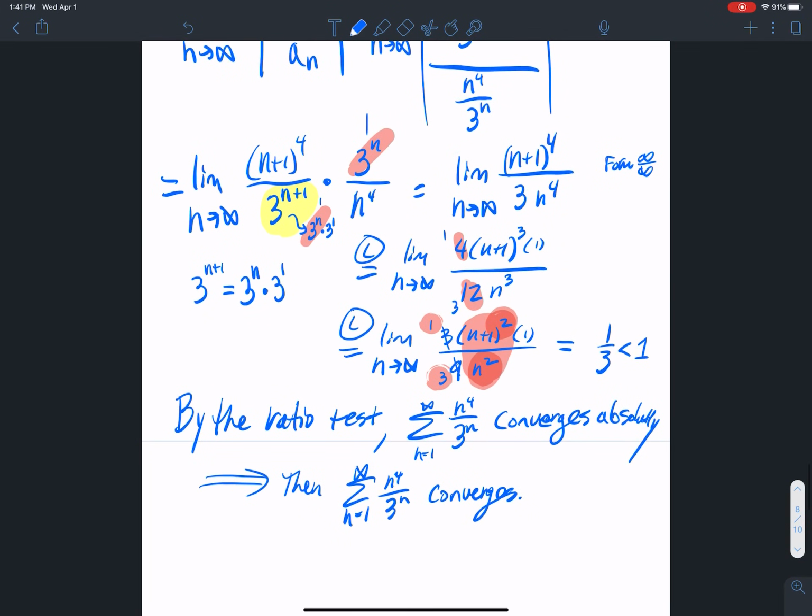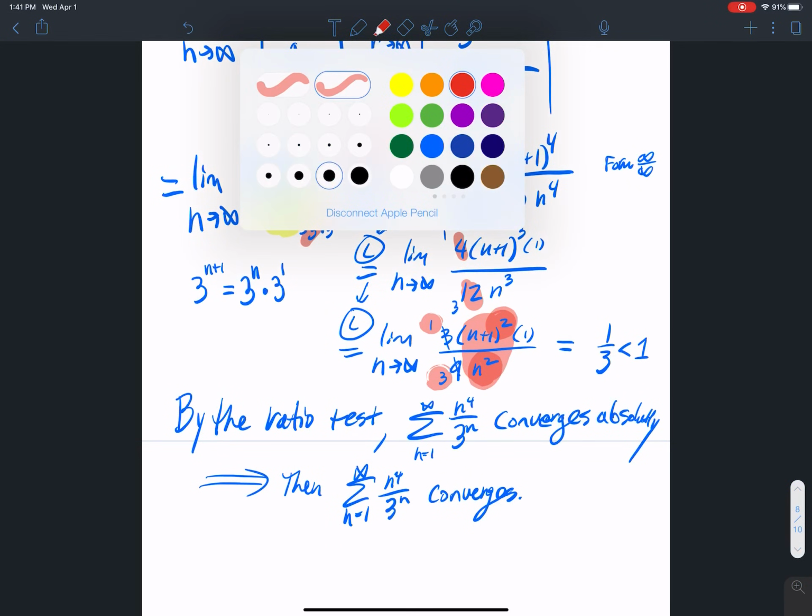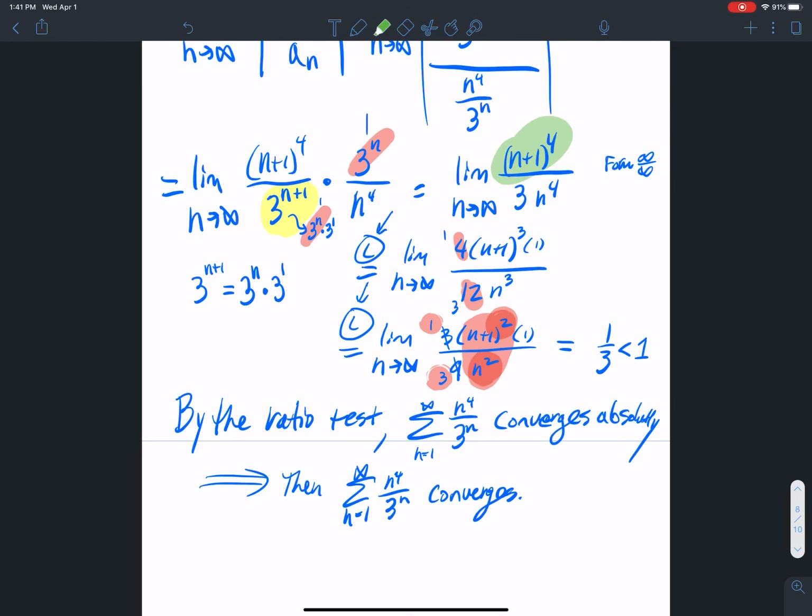If you were having trouble and thought, man, I didn't really want to do all these L'Hopitals, one thing you could have done to skip through that is, when you had this part right here, both of those factors are written to the power of 4. So this is really (n plus 1 over n) all to the 4th.